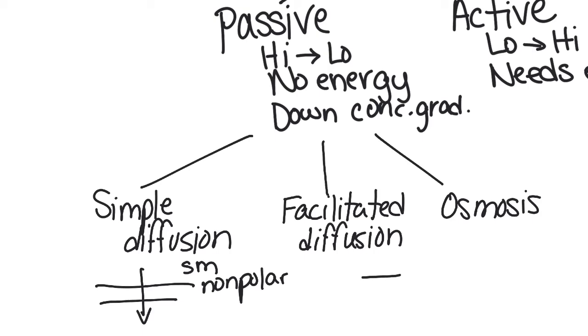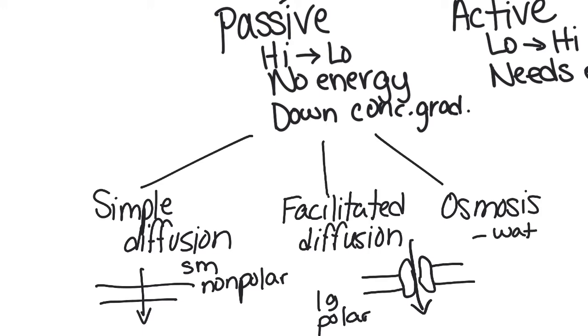In both cases, we're going to need some kind of a channel protein to be able to allow molecules that are either too large or polar to be able to move through. And in the case of osmosis, that is specifically the movement of water from the area that is hypotonic to hypertonic.